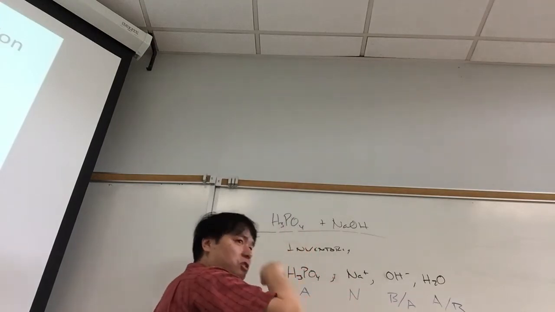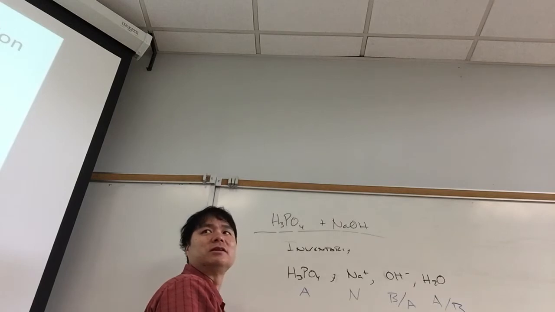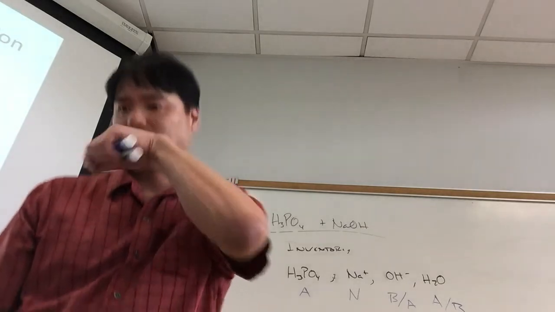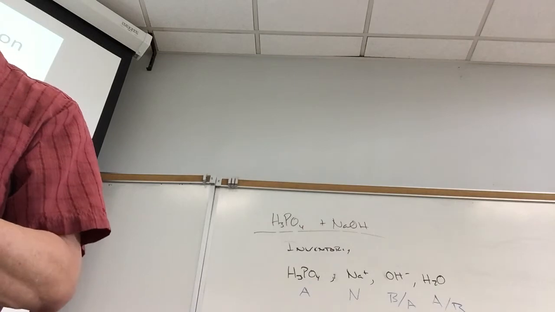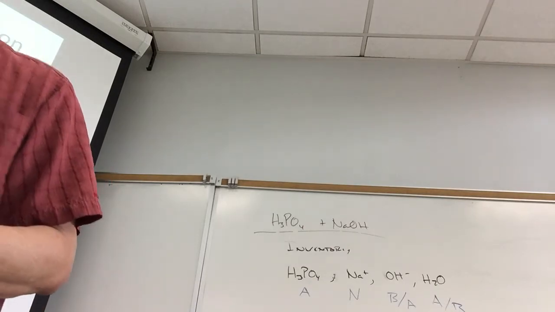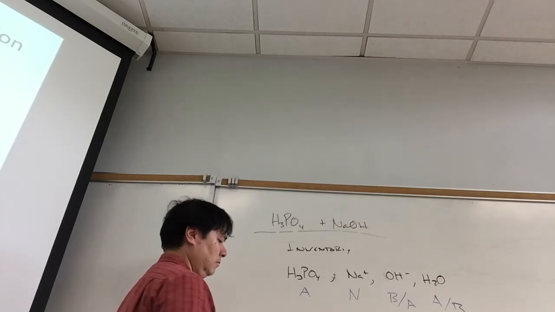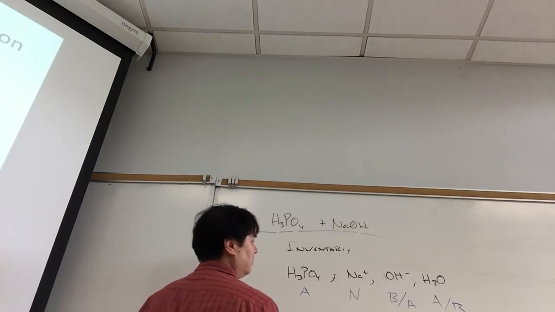Do you need the chart to figure out which of these three acids is the strongest, or can you just look at it and determine? I could tell that phosphoric acid is strong. Yes. How? Because if hydroxide is a strong base, it must be a weak acid.